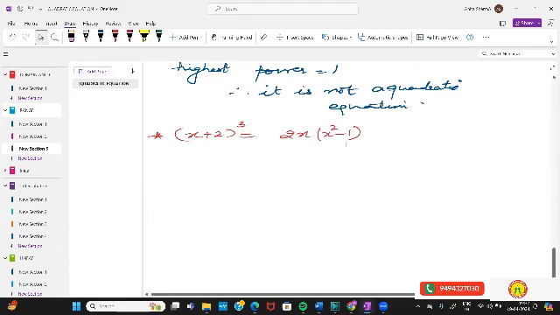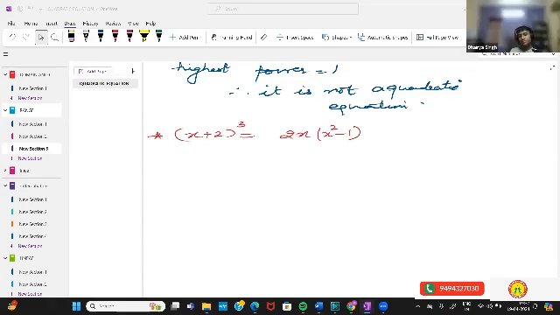This is not a quadratic. I don't think so, ma'am. You have solved, ma'am. Ma'am, rough work, but I'm not sure of the answer. Okay. Ma'am, it's not quadratic. Okay, let's check now.